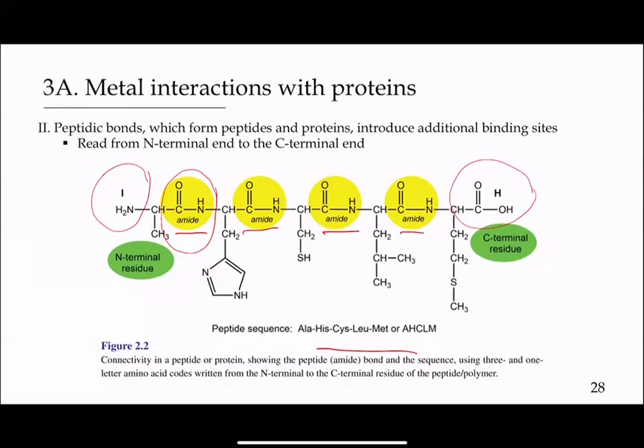And it's actually important because if you think about copper and how it gets distributed in our blood, the protein albumin uses its amino end to coordinate copper, and it plays a really important role in transporting that metal into our cells. So never neglect the ends, because they can play a really important role. But then in the actual sequence, we see how the amides lend themselves to additional binding sites in addition to the actual R groups themselves.